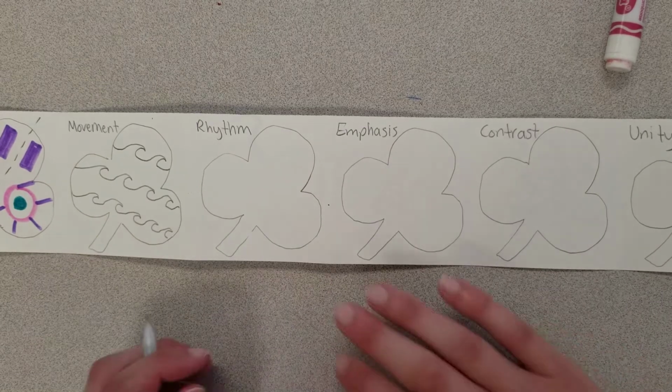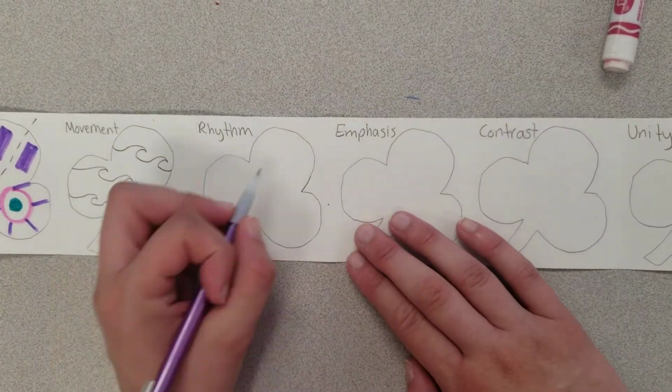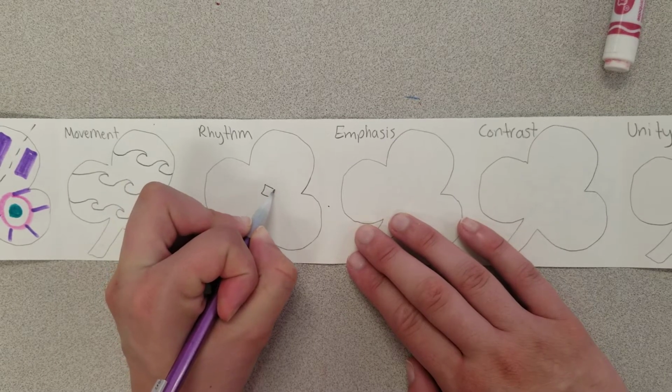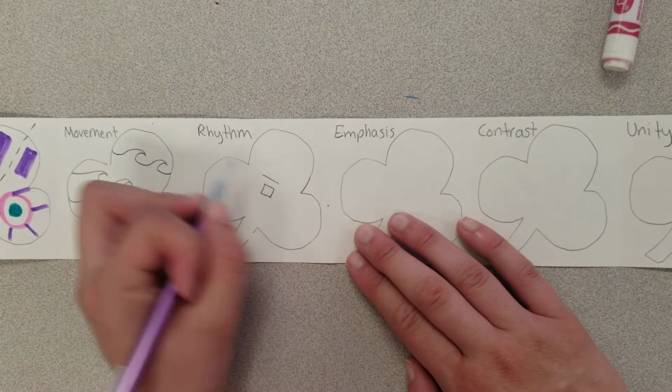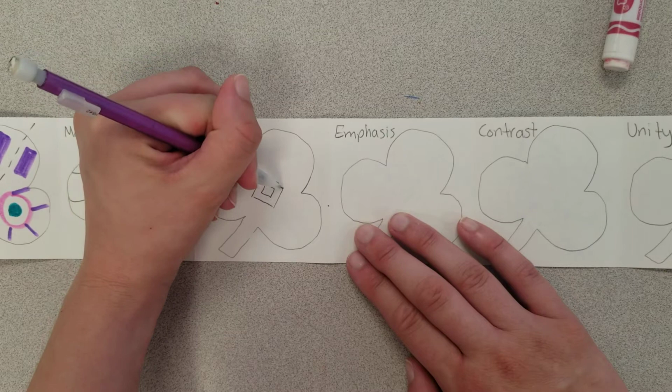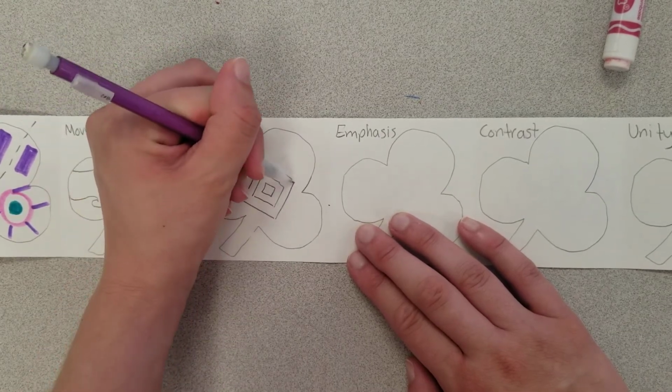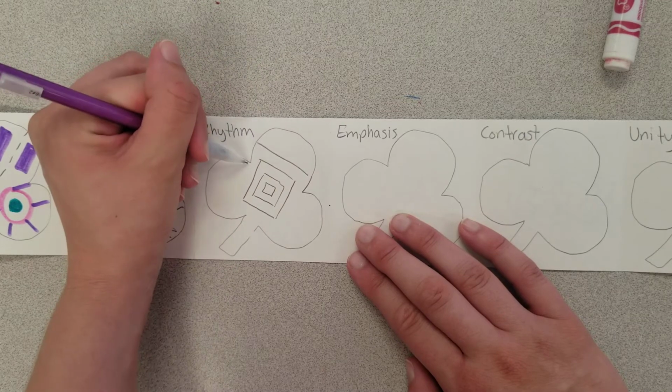The easiest way for me to show you rhythm would be with a simple shape. So I'm going to take a square and then I'm going to draw another square around it and then another square around it, and I'll keep going.